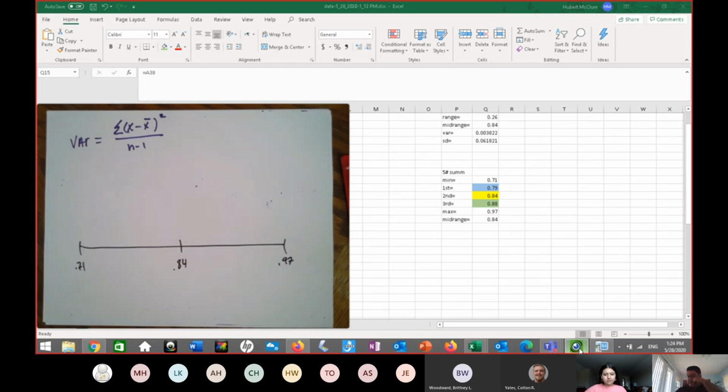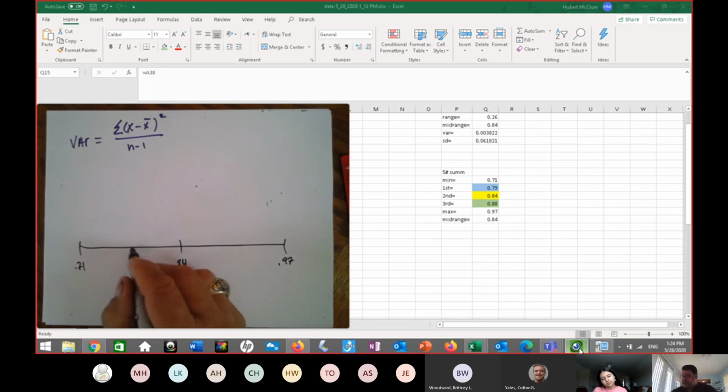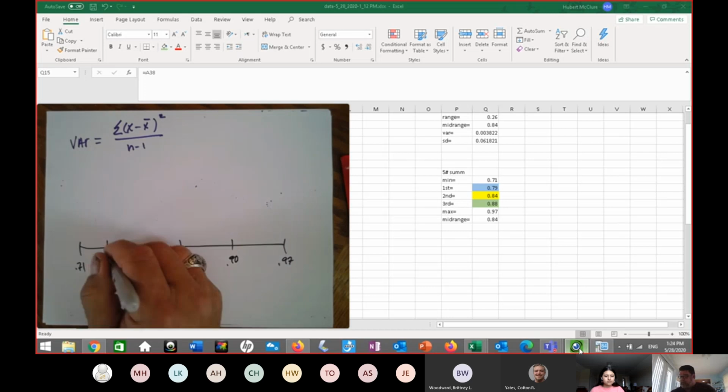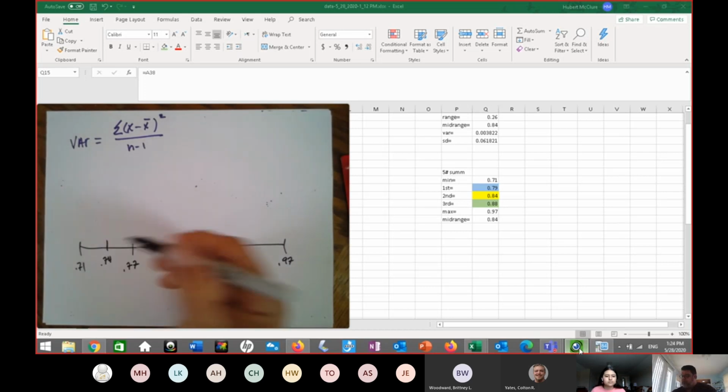Now, what's the distance between 71 and 84? What is that, 13? Half of 13 is 6. So that'd be 76, 77. Add 6 to that, that would be 90. And if you wanted to add 3, that'd be 74. Well, Hubert, you're forgetting the decimals.